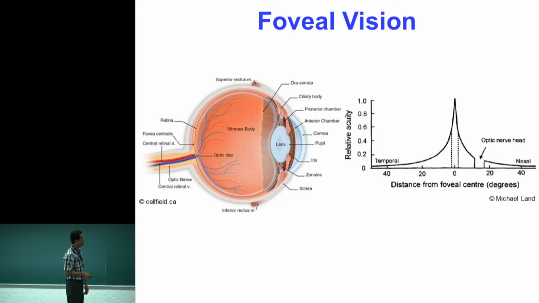So this is a graph which represents how the distance from the foveal center decrements the acuity of the image that we are seeing. As you can see, in this peak is where we see in high resolution, okay? So the rest of the retina obtains just a blurred image of what we are currently seeing.